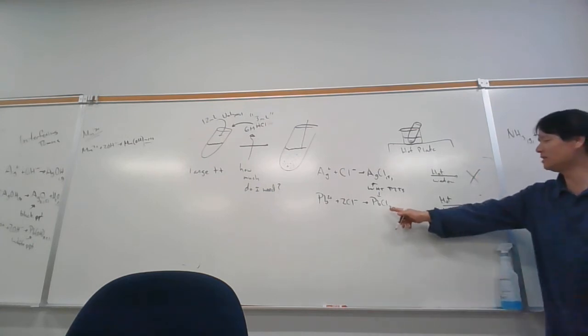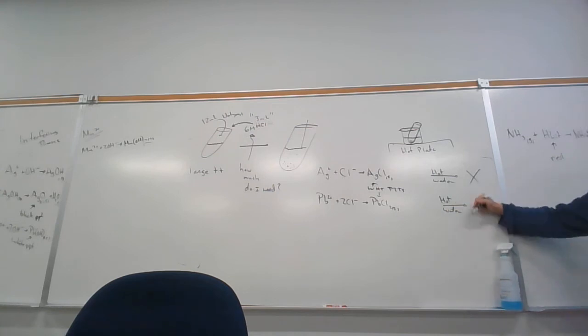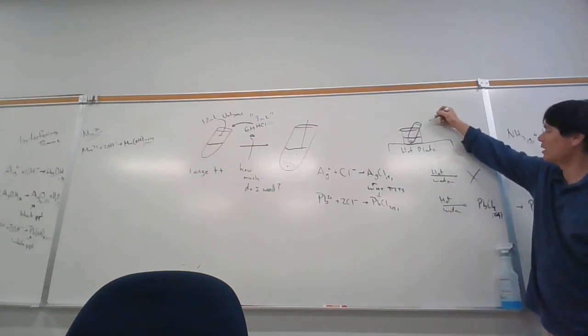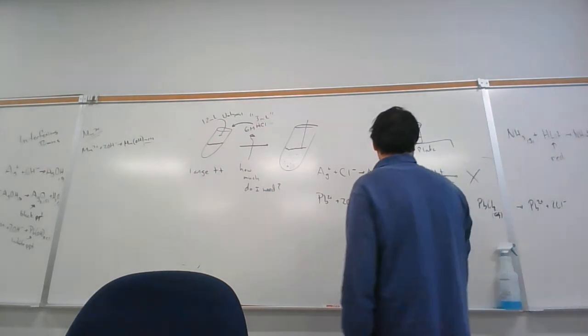Whereas if you take lead-2 chloride in hot water, it dissolves. And we form lead-2 chloride aqueous. Lead-2 chloride aqueous consists of lead ions and chloride ions here. And they'll break apart the lattice. So the second purpose of heating is we want to dissolve all the lead-2 chloride.